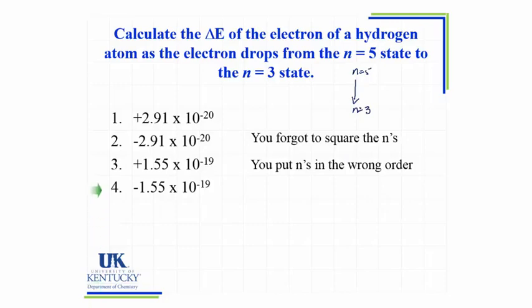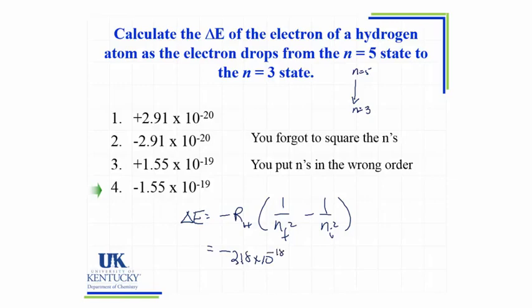Now if you got 4, or you understand where your mistake was, you can just skip ahead. But if you'd like to see me work through it, just keep watching. Since it's a hydrogen atom, we know this is the equation that we would use. And then we can plug in our values. Rydberg constant is 2.18 times 10 to the minus 18 joules.